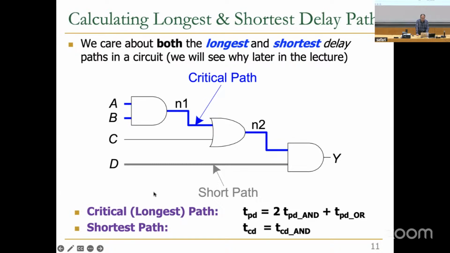For the shortest path latency, we calculate based on the contamination delay, as we already discussed. We only consider the shortest path of the circuit, and we only calculate the contamination delay. So the contamination delay of this whole circuit is going to be the contamination delay of this AND only, right? Does it make sense? Okay.